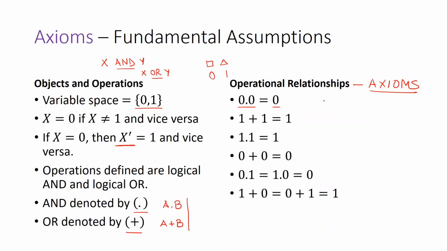That is the first axiom. It seems very obvious that 0 and 0 would be 0, but please consider that 0 here is not a number, it is an object. So when you are introducing an object, you have to also introduce the operating relationship between the objects. That's why axioms are important.